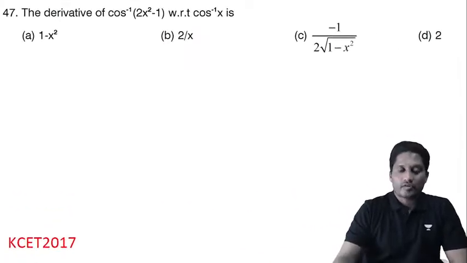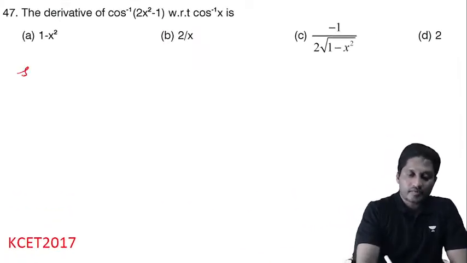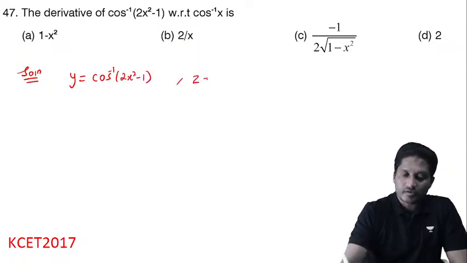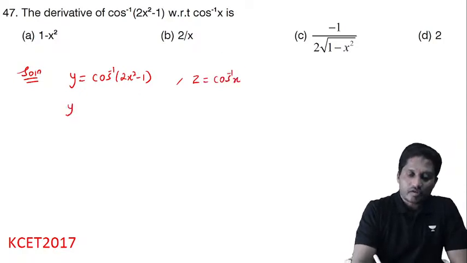The derivative of cos inverse of 2x square minus 1 with respect to cos inverse of x. We're going to take y is equal to cos inverse of 2x square minus 1, and z is equal to cos inverse of x. Now, cos inverse of 2x square minus 1 is 2 cos inverse of x.